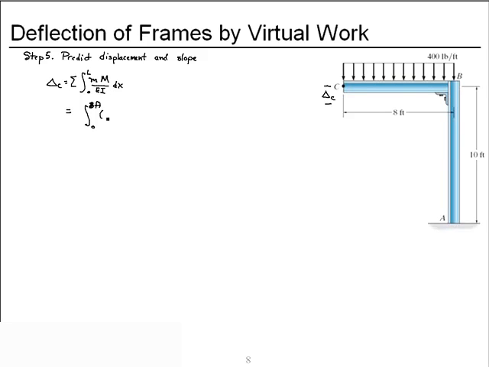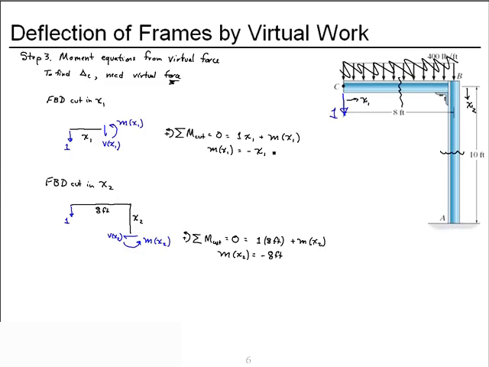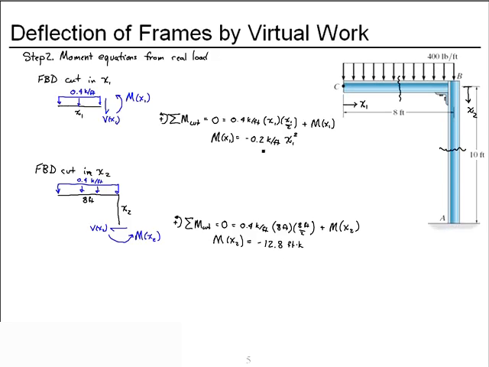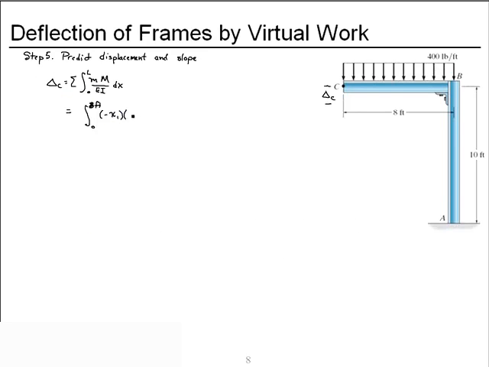Our virtual moment we found in step 3 to be minus x1 for the virtual load. And our real moment we found to be minus 0.2 kips per foot x1 squared. Divide that by EI. Integrate with respect to x1.